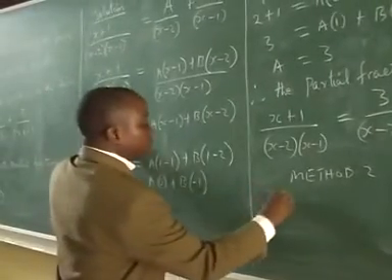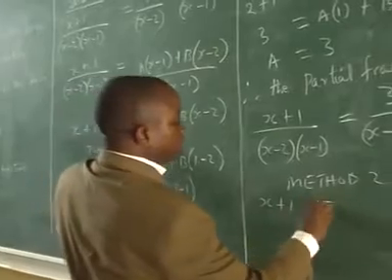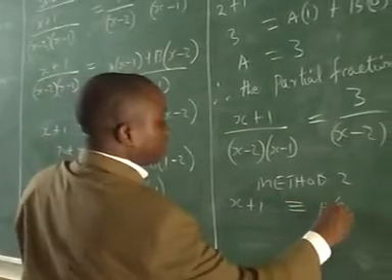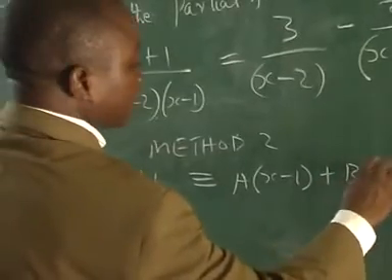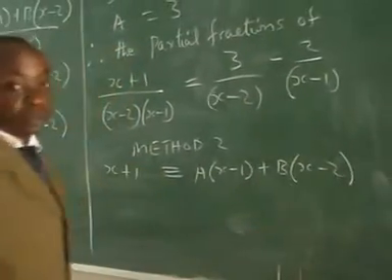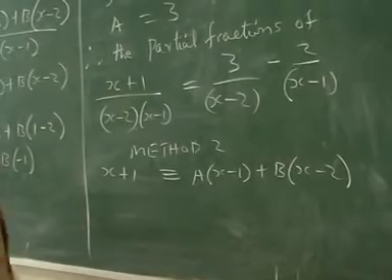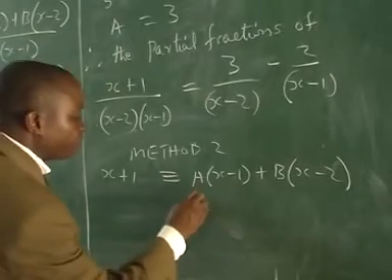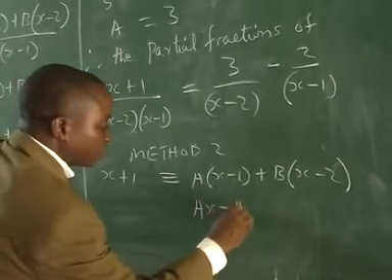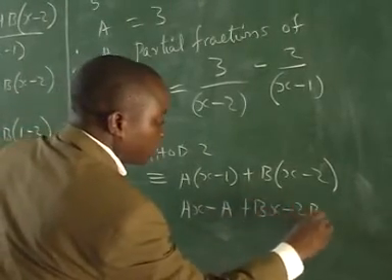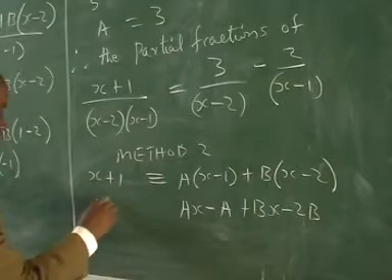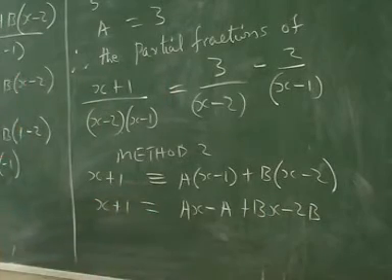I know that x plus 1 is equivalent to a bracket x minus 1 plus b bracket x minus 2. So if I multiply this, I will have ax minus a plus bx minus 2b. x plus 1 is equal to this.